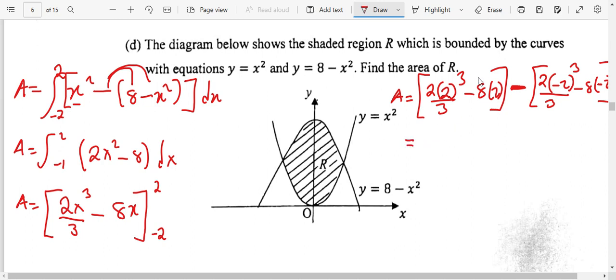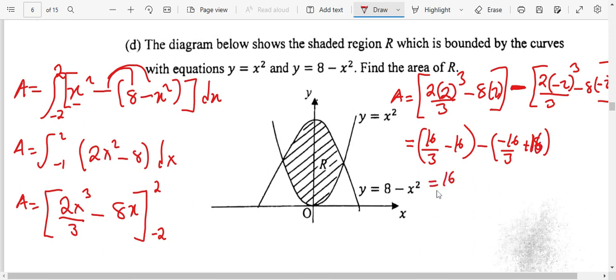So this is going to give us 2 to the power 3 is 8 times 2, that is 16. So this is 16 over 3 minus 16. Then minus, same here, negative 2 to the power 3, but that is going to be negative 8 times 2, negative 16. Negative 16 over 3, negative 8 multiplied by negative 2, that is going to be positive 16.